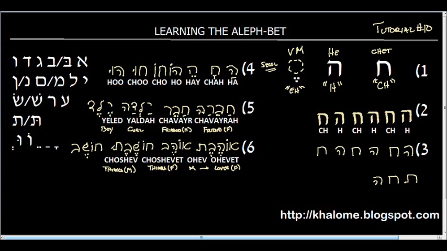But in the verbs that we're looking at here, it's the same. The third person female singular will end with a tav. The root word is ohev, in other words, the masculine version. To make it feminine, we just add the tav to the end: ohevet.